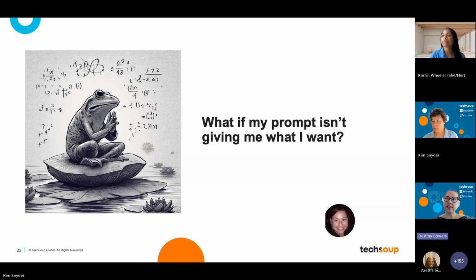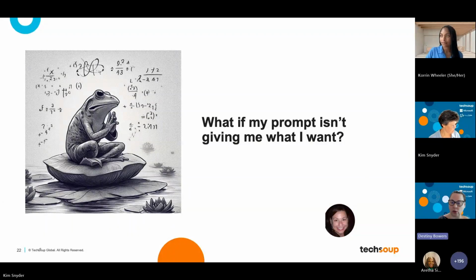So I think this happens a lot too when you're switching between different AI models. For folks who might have used ChatGPT or other ones, you familiarize yourself with writing prompts in a certain way, and not everything responds the same, just like people don't respond to the same question. So what do you do if you're not getting what you want?